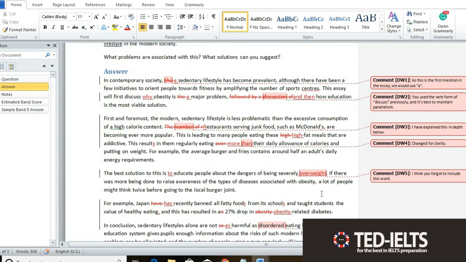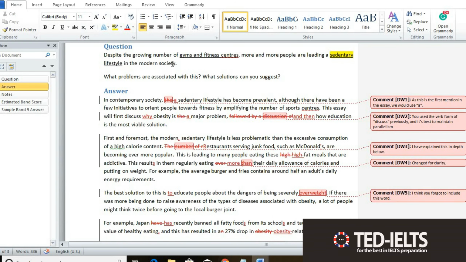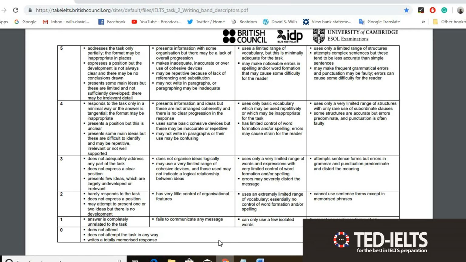So what is the problem here? Well, this question was asking about a sedentary lifestyle. Now, sedentary lifestyle, as I said, means not moving enough, not doing enough exercise, not walking frequently. Instead, this person is talking about eating. If we go back to the marking rubric, we can see that this is tangential.